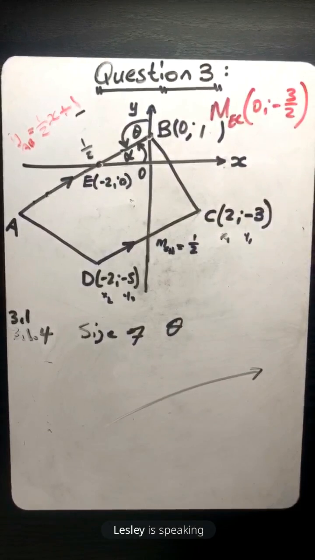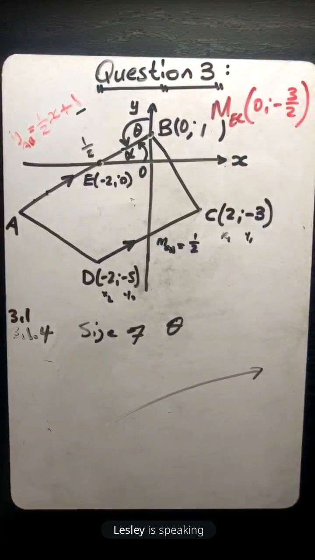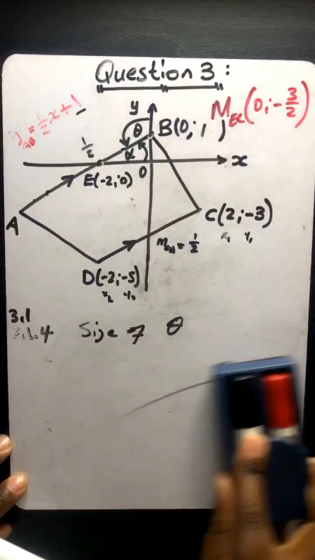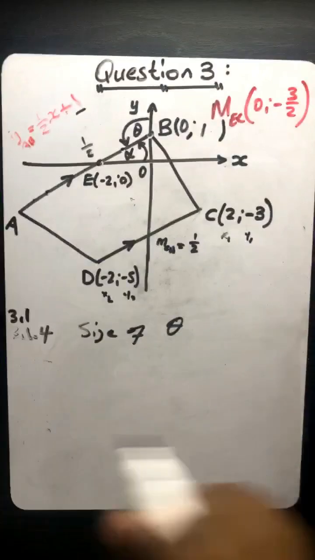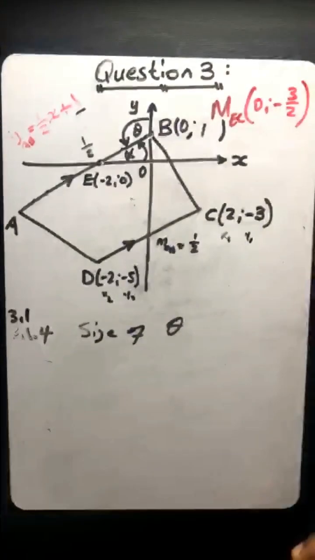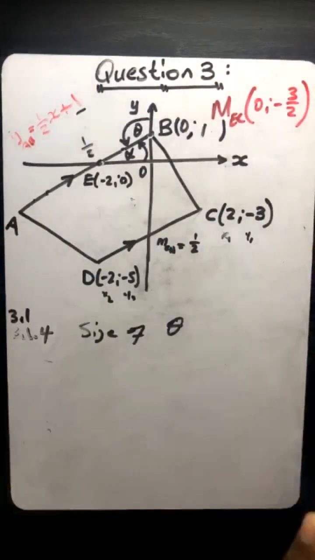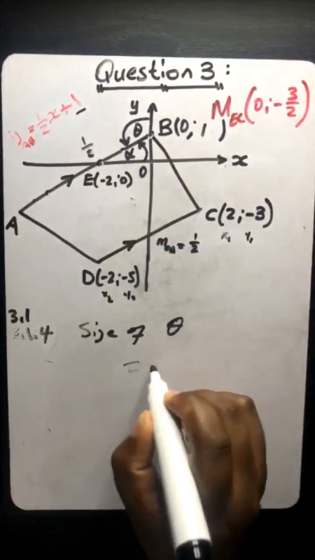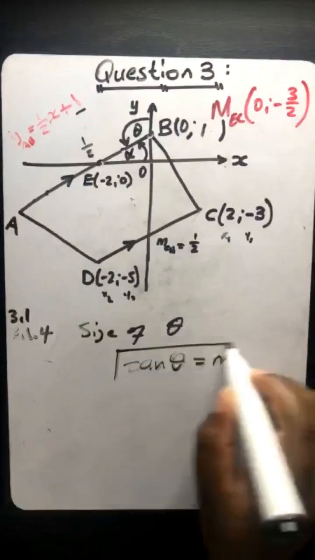Sir, don't you use the tan formula? Tan is equal to m. Okay, a nice try again. So remember, guys, this is advice I'm going to give you: every time angles are involved, always remember this formula which says tan of the angle is equal to m, a small letter m being the gradient.